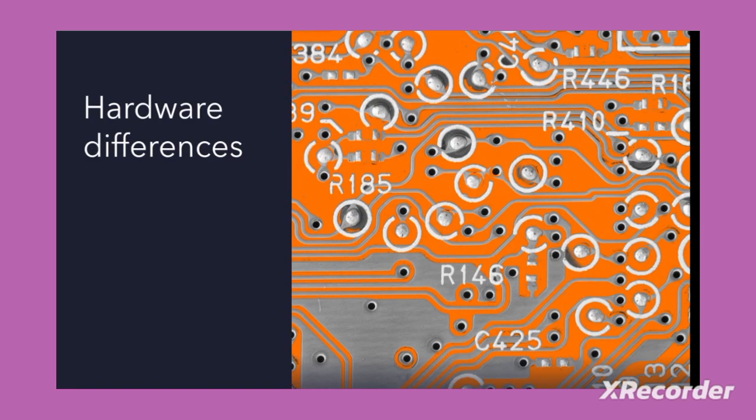Hardware differences. Quantum computers are physically different from classical computers, often requiring specialized setups like cryogenic environments for qubit stability, because a small disturbance in a room where there is a quantum computer may change the action that's going on in the quantum computer.